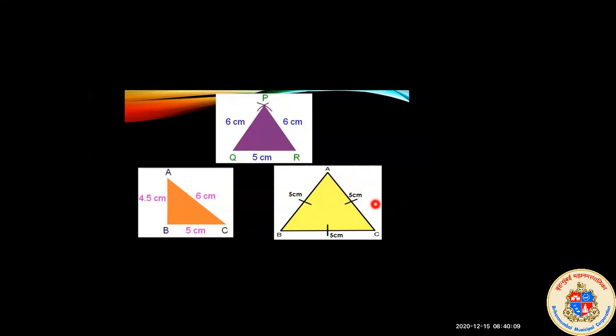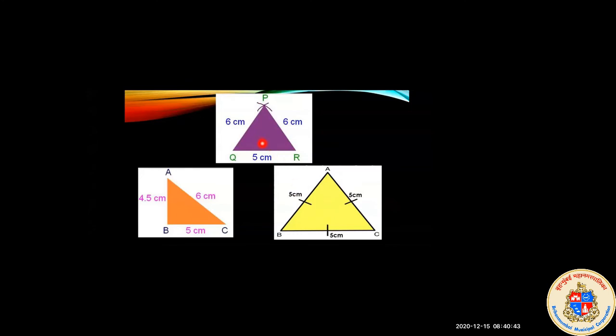Yes. Why is it an equilateral triangle? Because three sides are equal. See, side AB is 5 centimeter, side BC is 5 centimeter, side AC is 5 centimeter. So all the sides of this triangle are the same. That's why it is an equilateral triangle.